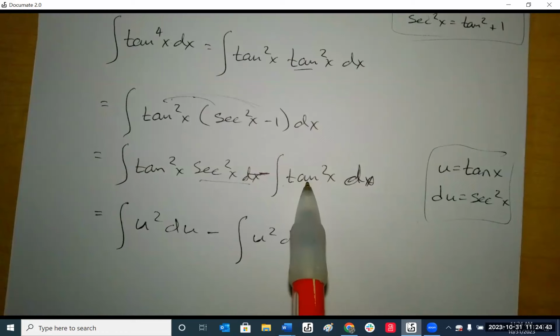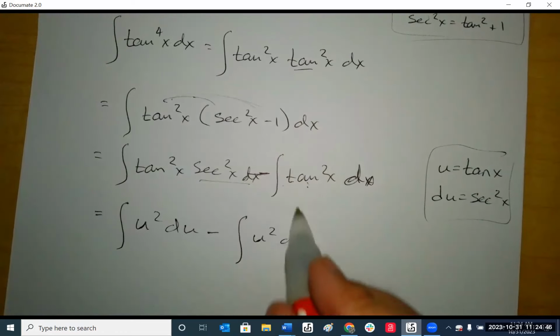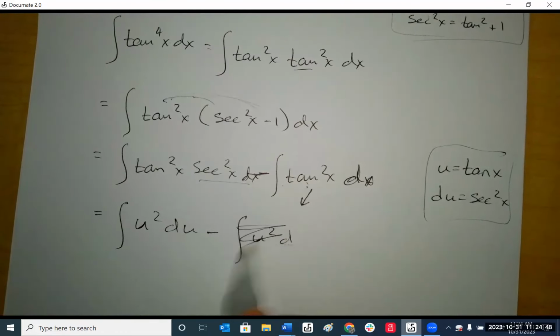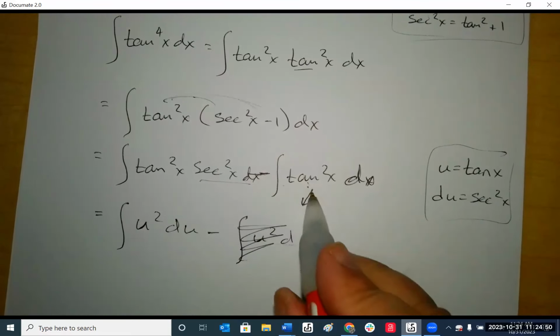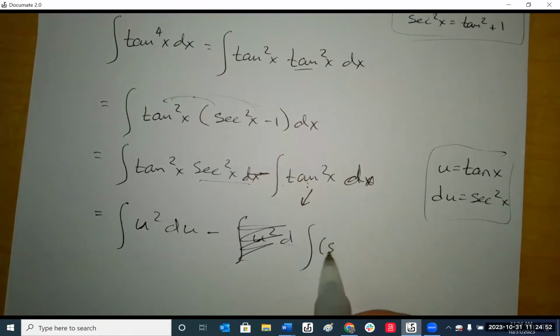We can't do that one because we had nothing over here with dx. So we have to go again. We have to now change tangent squared to secant squared x minus 1.